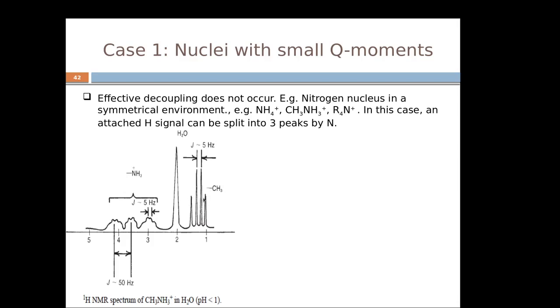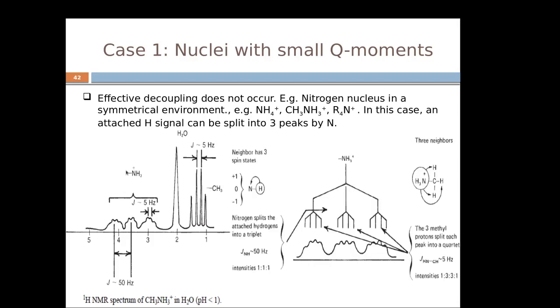Okay, and if you see the NMR peak of the protons which are connected to nitrogen here, these protons can couple with the 3 protons of the CH3 group, and as well as they can couple with the nitrogen, which has a quadrupole moment.